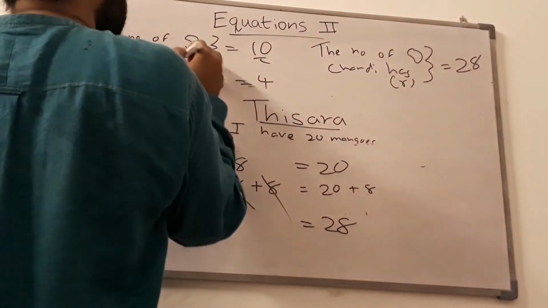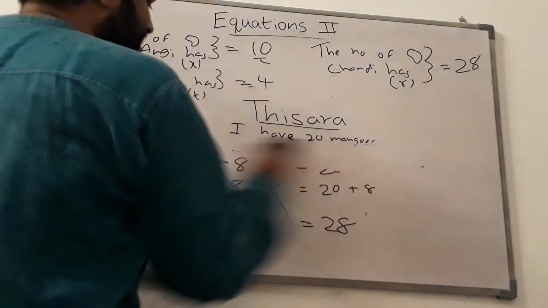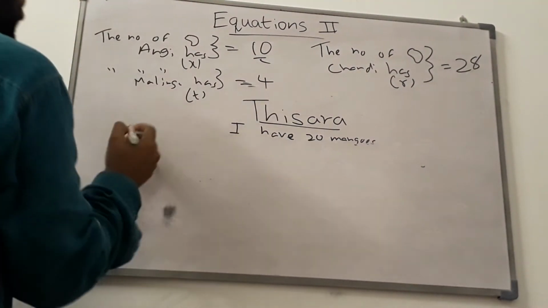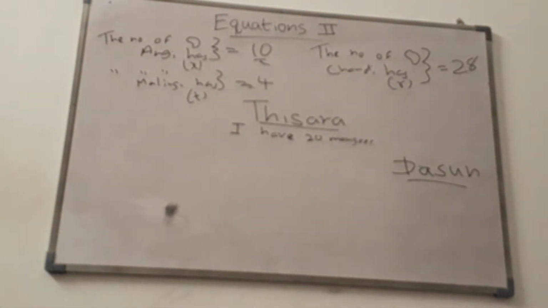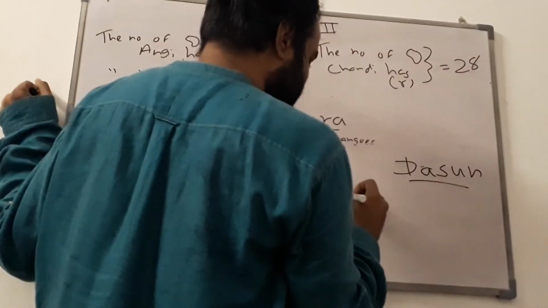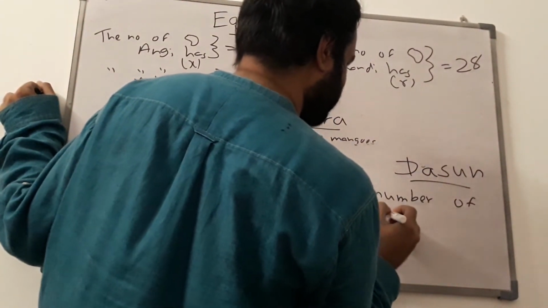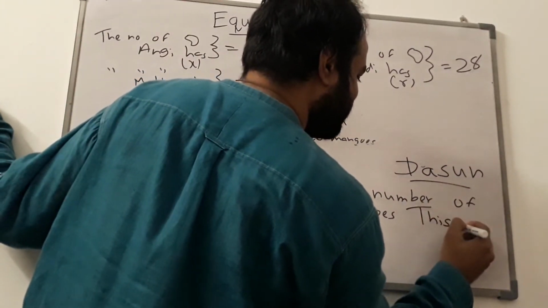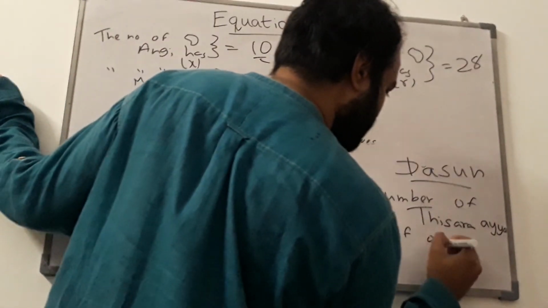And finally, Dasun. According to Dasun, what he says is that the number of mangoes Tisara has is half of what I have.